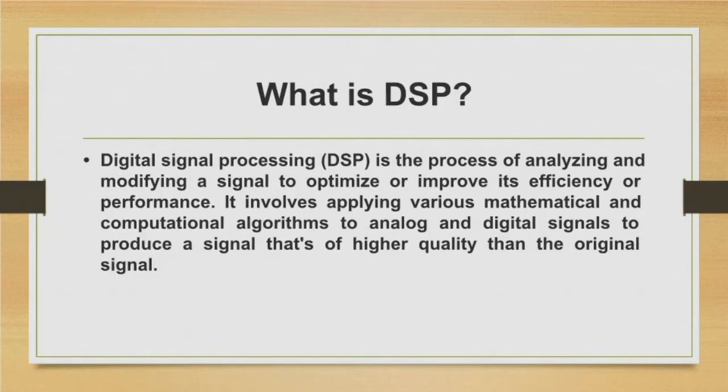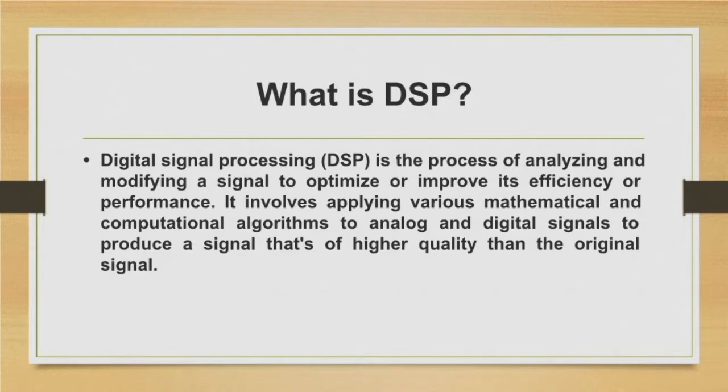What is DSP? DSP is the mathematical manipulation of an information signal such as audio, temperature, voice and video. Here our DSP processor can modify the signal and also improve the signal in some manner. That is what we call DSP.